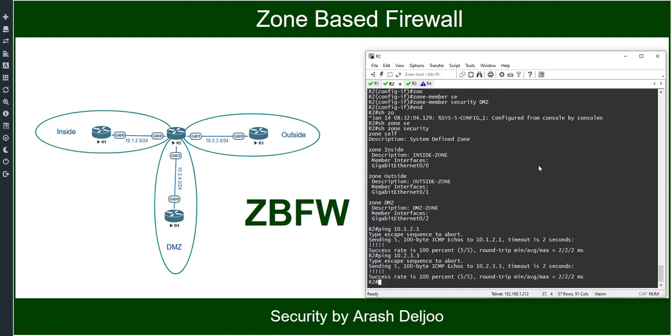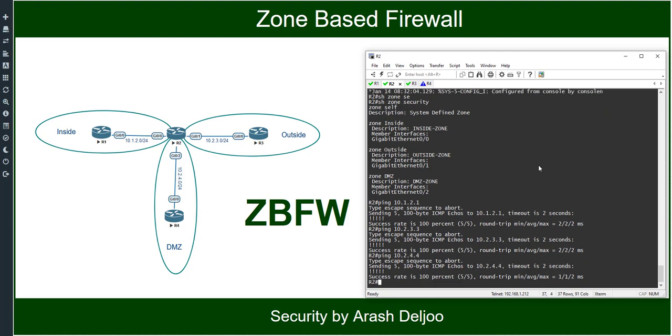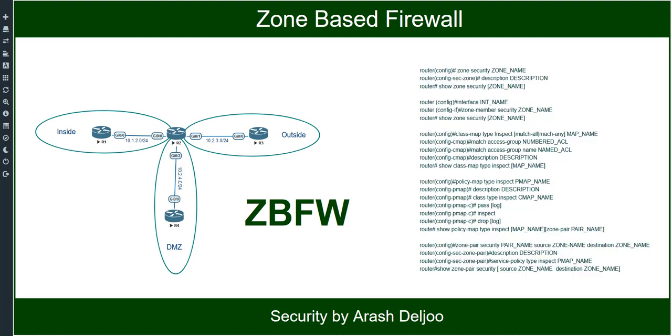Look here, we have connectivity. Or ping 10.2.4.4, we have connectivity. What does it mean? It means that the self zone has connectivity by default to all other zones, only the self zone. Other zones don't have connectivity to the other zones without any policy. We can use the self zone for troubleshooting, for maintaining the network.